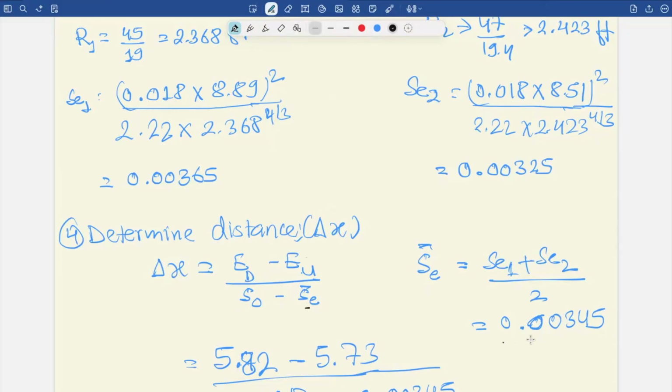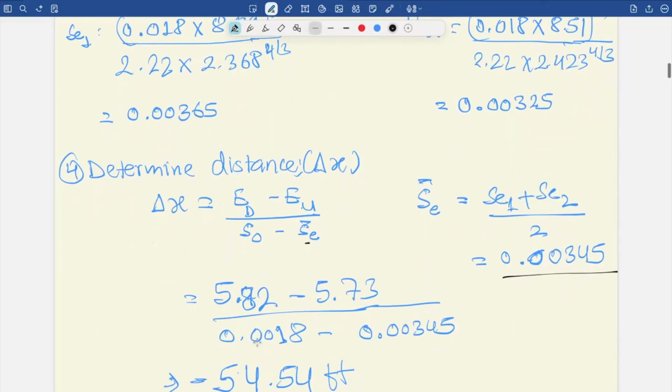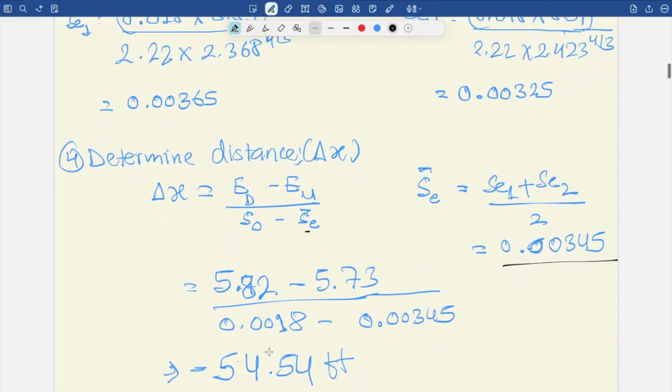So that is 0.00345. And when we input all those values, the final outcome is delta X is equal to minus 54.5 feet. The negative sign tells us the distance is upstream, exactly what we expected for an M1 curve.